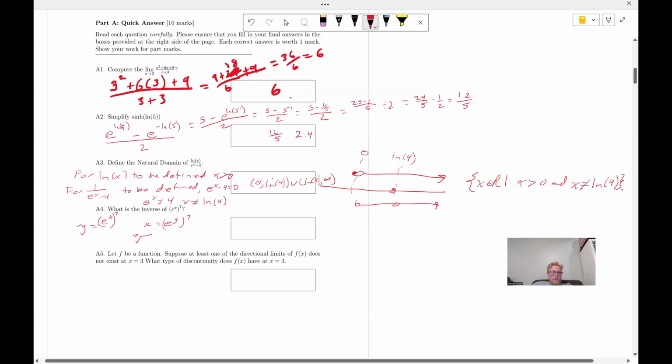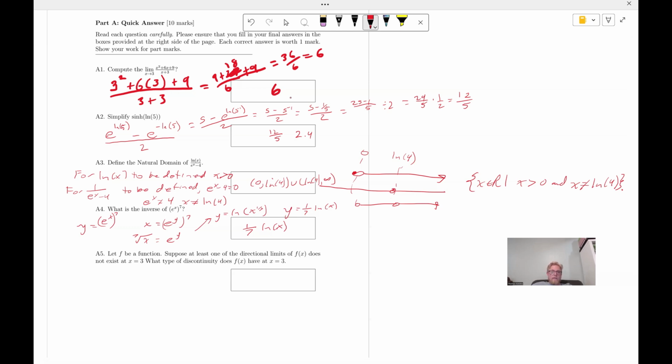The 7th root of x equals e to the y. y equals ln of x to the 1/7. And I can bring it out to give me y equals 1/7 ln of x. Either of these are okay. I'm going to write 1/7 ln of x. But ln x to the 1/7 would be perfectly fine.